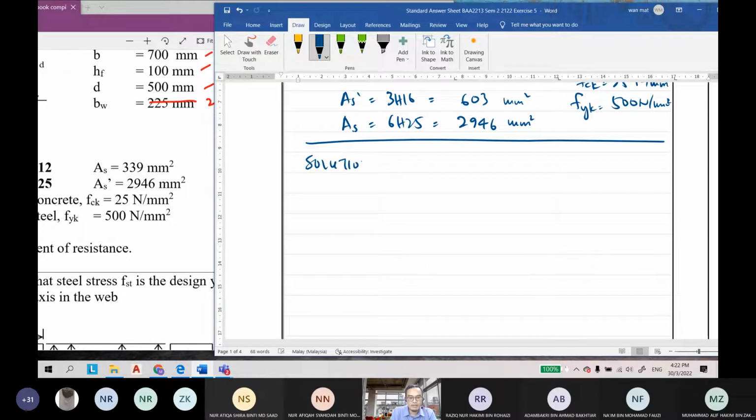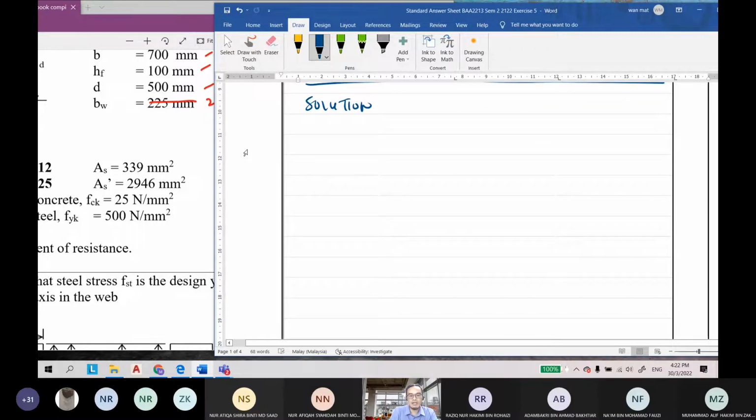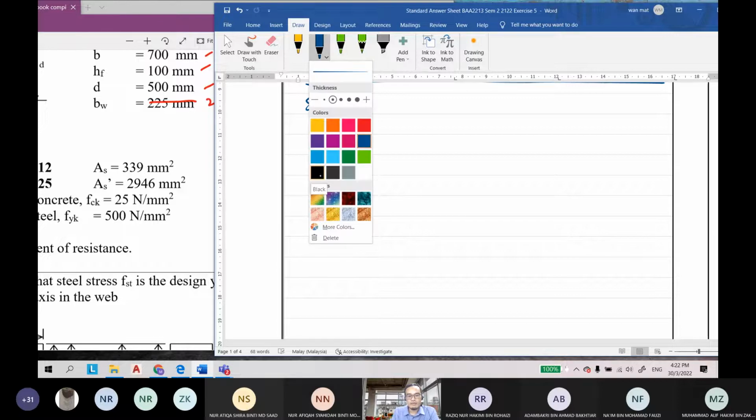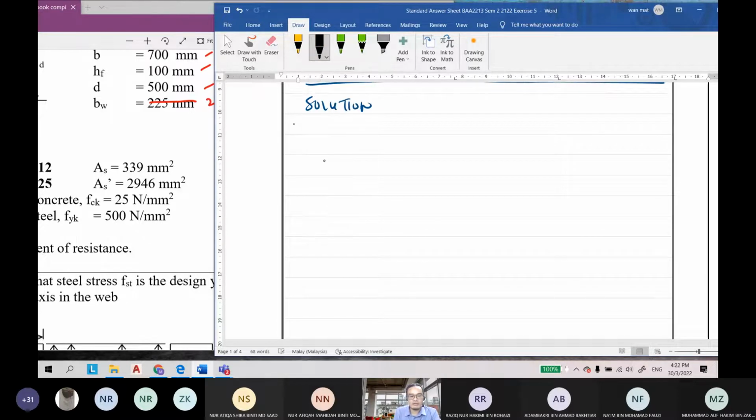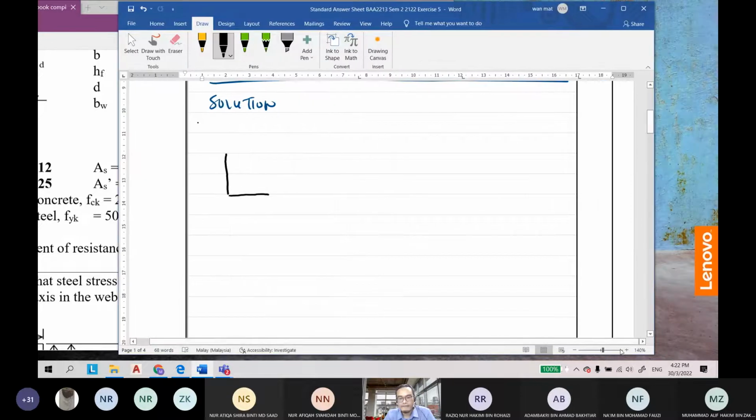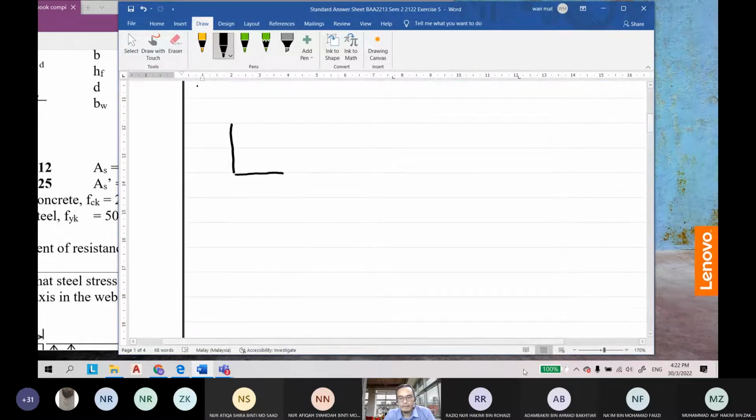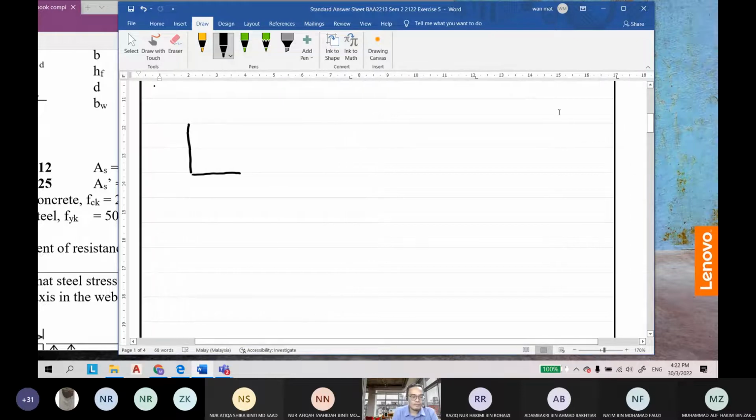You must understand the diagram first. The tip is you must understand the diagram. This is the diagram. This is the beam with a flange, sorry, it's not to scale.